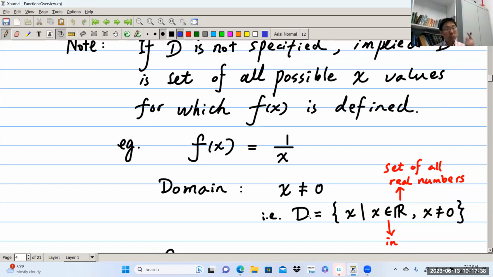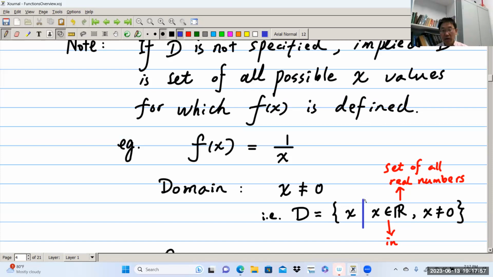So D represents the collection of inputs. D equals, and we use curly brackets to denote a set. This set is all the values of X, under the condition what? So we have X, and we put a vertical bar.